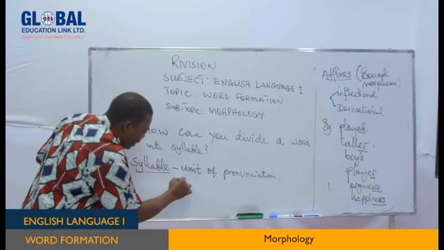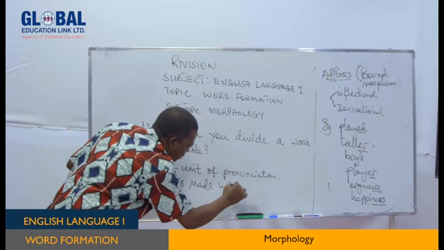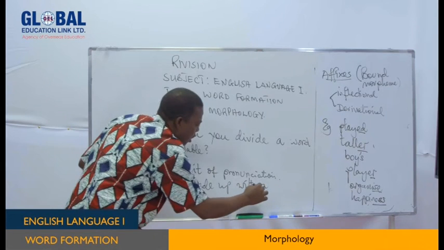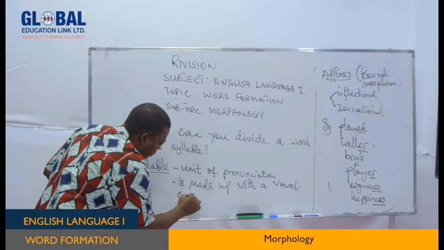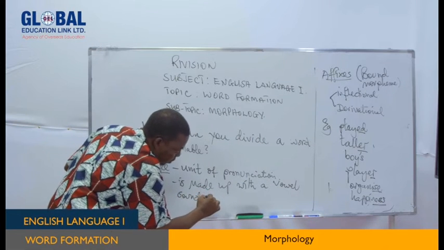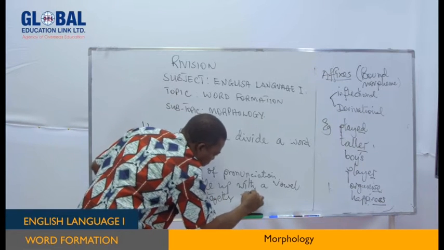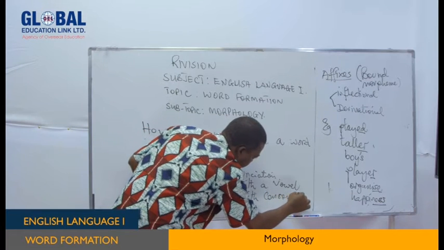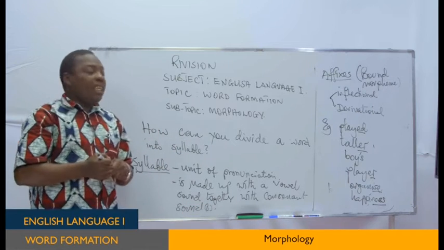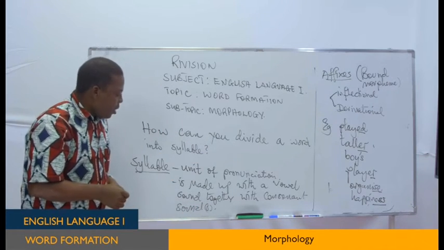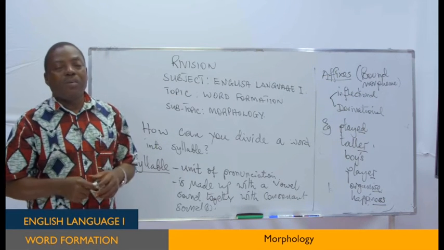So, structurally, a syllable is made up of a vowel sound together with a consonant sound or consonant sounds.